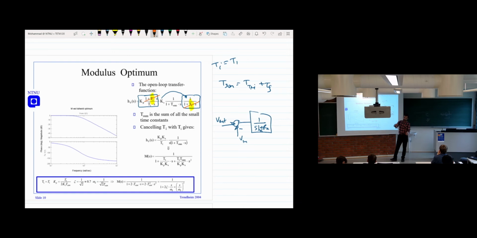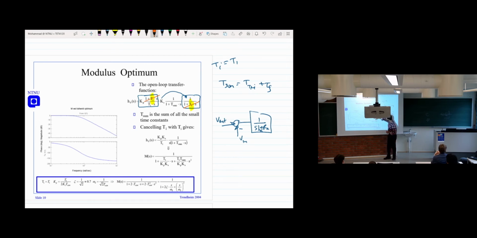We can either measure them to calculate these values, or the manufacturer provides these values. So once you have the inductance and resistance, we know T1, and we set Ti equal to T1, giving the integral time constant of the controller. Now the only unknown is Kp, the proportional gain.